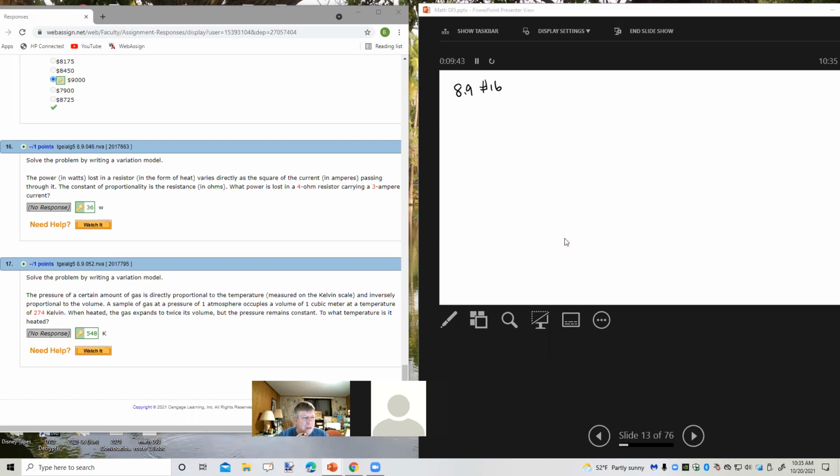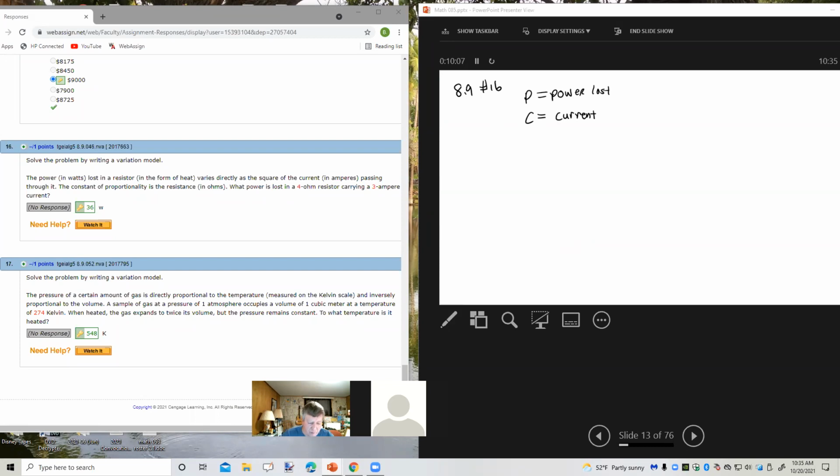Okay, so let's see. We're talking direct variation, the power in watts lost in a resistor. So P is going to equal power lost. Varies directly as the square of the current. C is going to equal the current.